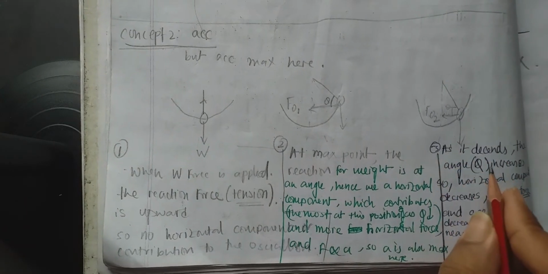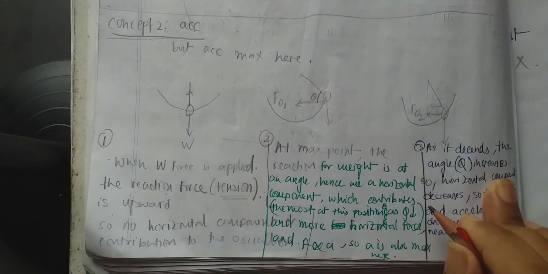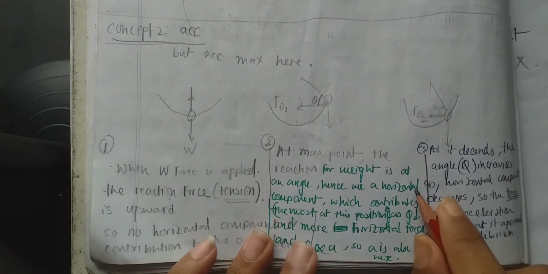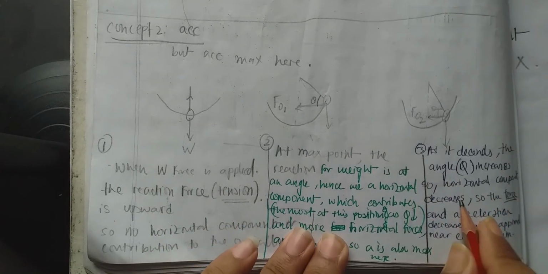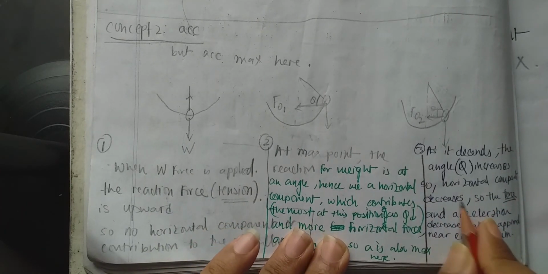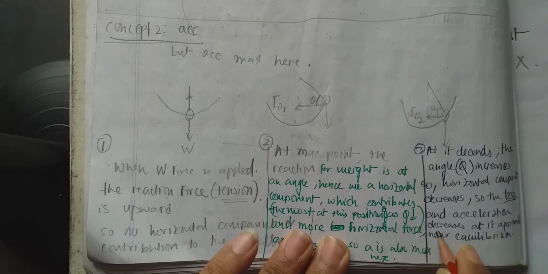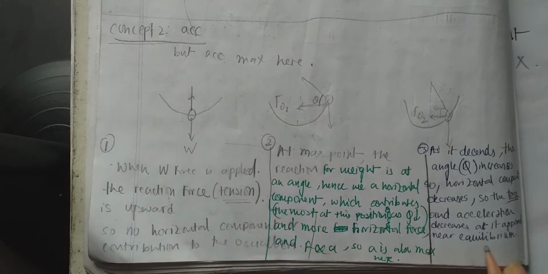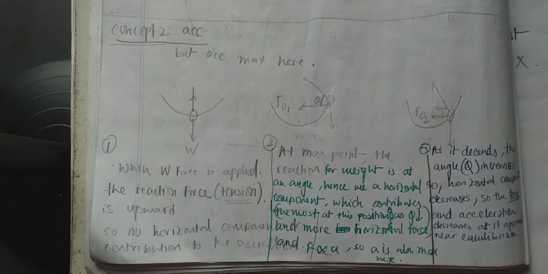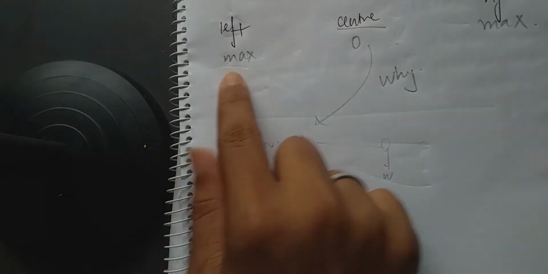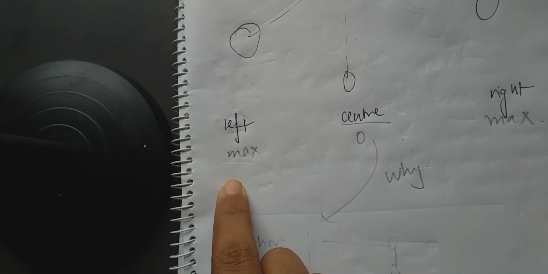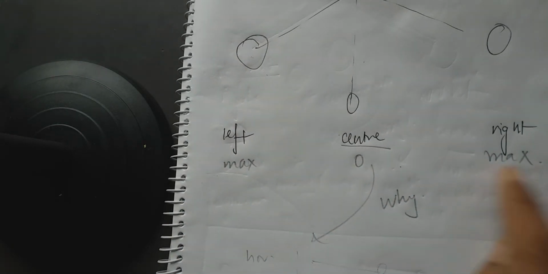So as it descends, the angle theta increases, so the horizontal component decreases, and so the force and the acceleration decrease as it approaches the equilibrium. So that is what I was saying. At the center it's 0. At left, the acceleration is maximum, and at right, the acceleration is again maximum.